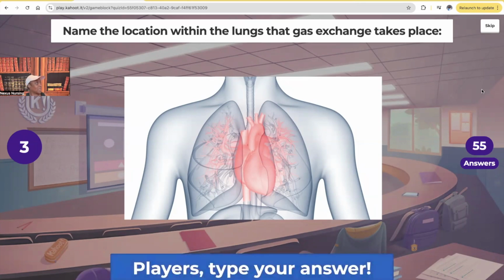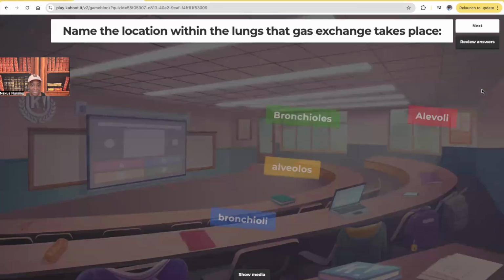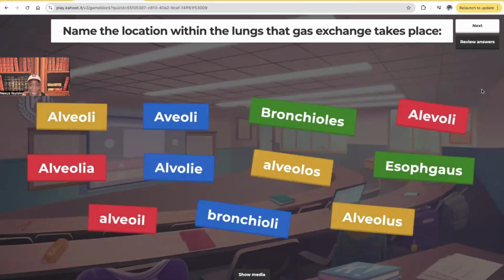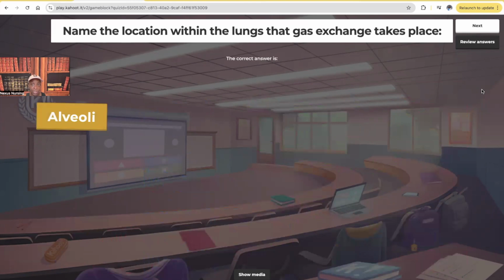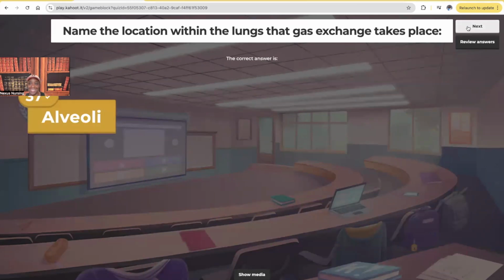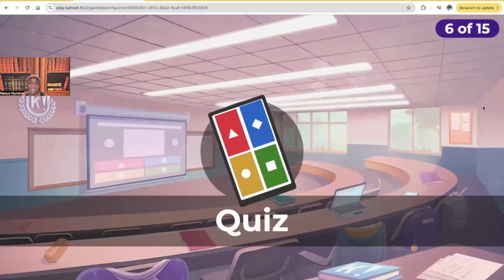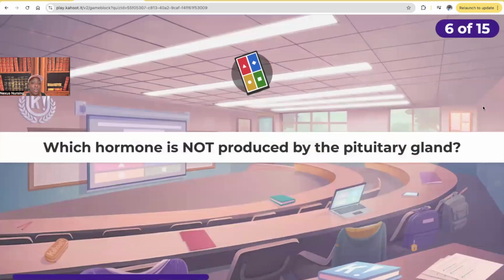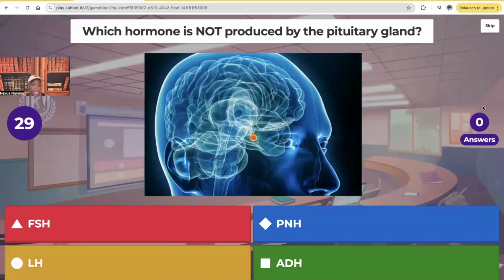Avocado? Are you serious? Bronchioles, esophagus, alveoli. Very good. The alveoli, that's where gas exchange takes place. Someone said avocado.